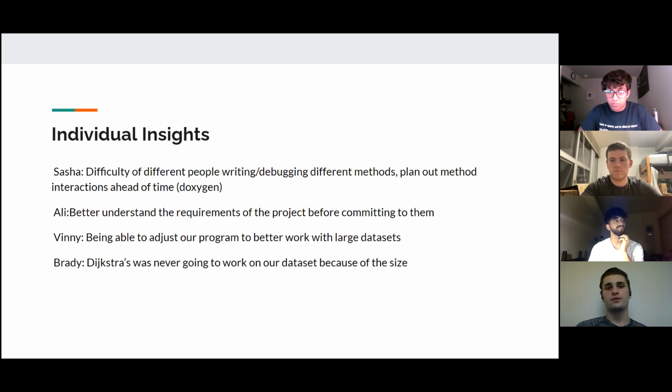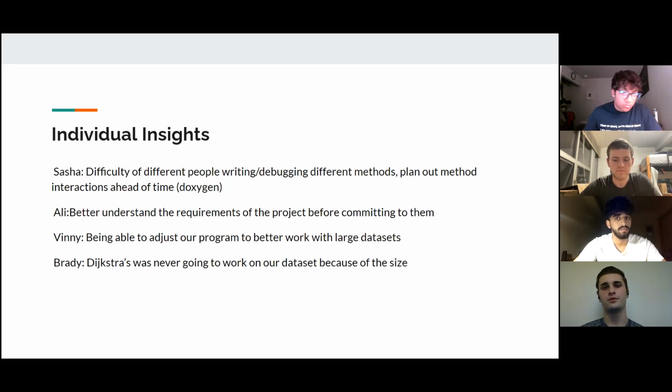So as far as the individual insights go, I think personally, this is my first time working in a group with multiple people writing multiple methods. So there was some difficulty trying to get different classes, different methods that people wrote to work together, just because everyone kind of thinks differently in the way that they write code, and everyone has their own approach.